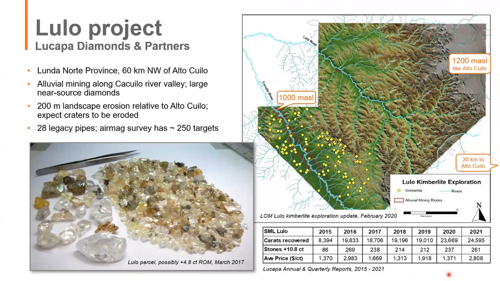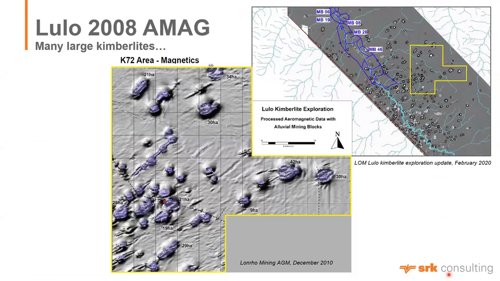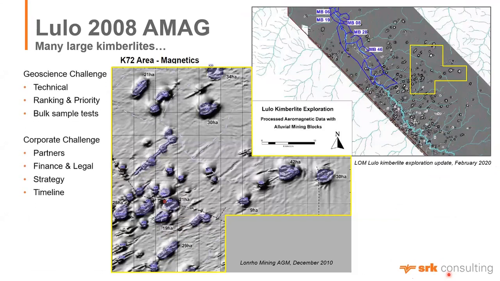Back to the geology, and in particular, the aeromagnetic survey from Lulo 2008. They did an AMAG survey. There are many, many large kimberlites on this concession. Here's the strip that they chose to fly with detailed AMAG.